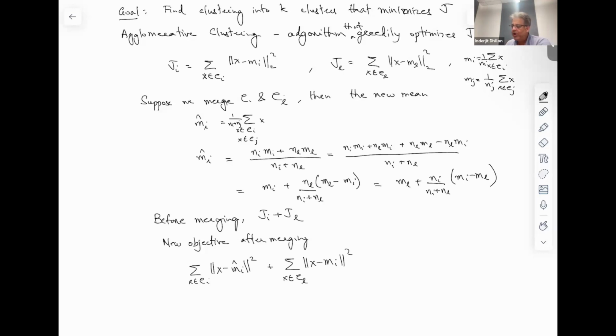And what I can then do is substitute this. Remember, Mi hat is this value.